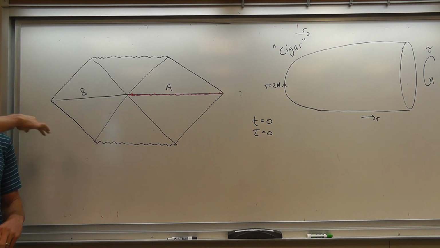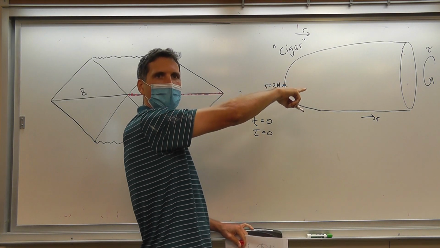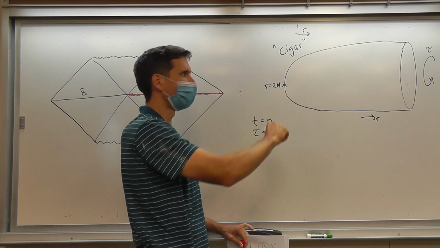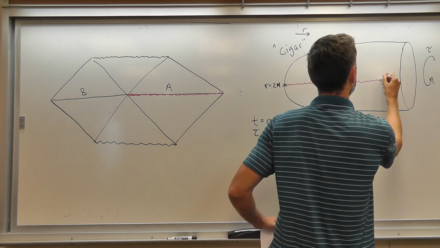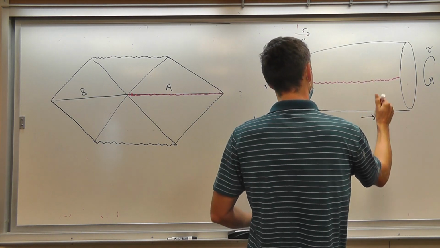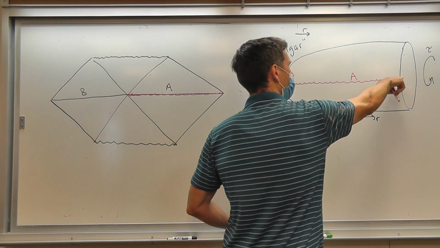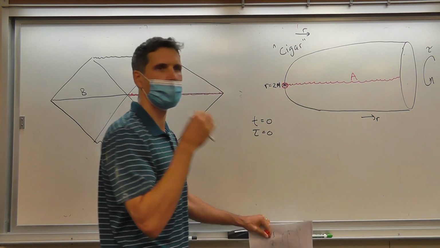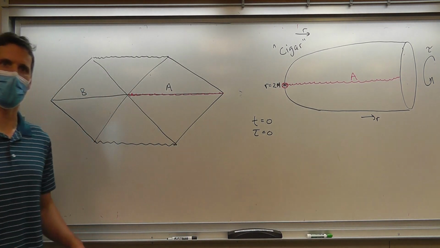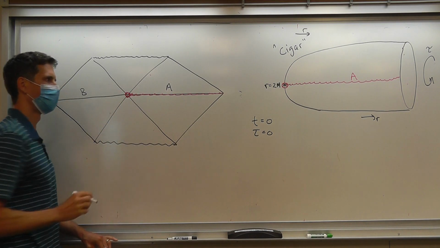This is just like that picture on the t-plane I was drawing a minute ago. So this is t equals 0, so it should be the line tau equals 0 on this picture. Let's put that here. That's region A. It goes out to infinity, and it ends at the horizon. This point here, which is called the Euclidean horizon, is the point at the middle of the Penrose diagram.